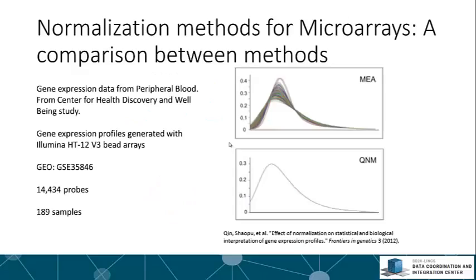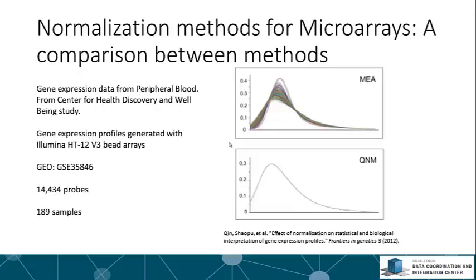Now let's take a quick glimpse at some of the effects of different normalization procedures on real gene expression data. So here we're going to look at some gene expression data that's actually from samples of peripheral blood. There are 189 samples, and the gene expression profiles were generated using an Illumina array that uses 14,434 unique probes.